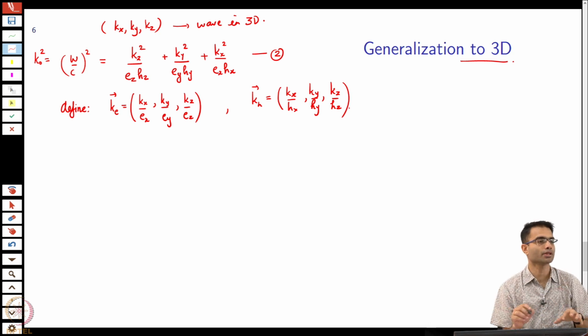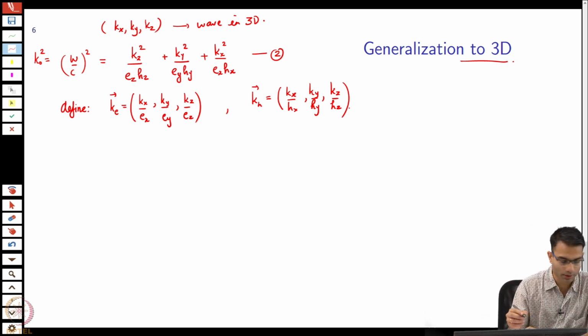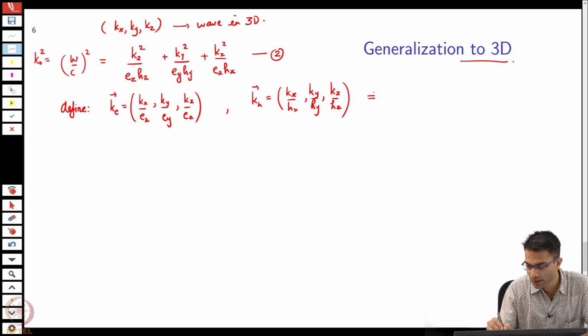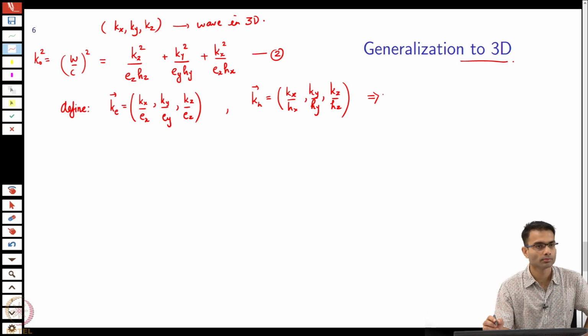I am only introducing these two to make the math a little bit simpler. When I put these two together, can I rewrite equation 2? Does it look like the dot product of something and something? The dot product of these two wave vectors. That was the motivation behind this.